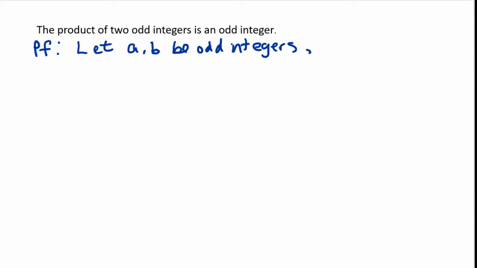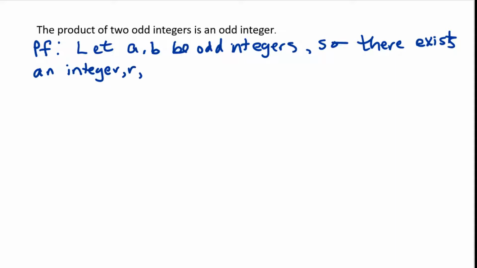So we'll say that there exists an integer R such that A is equal to 2 times R plus 1. That makes it an odd number.